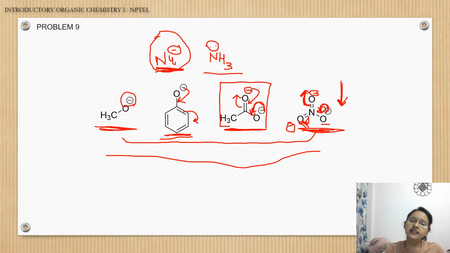This oxyanion is as it is. It is not getting involved in any other thing. It is confined at this oxygen, right? So that is why you can say that methoxide is a very strong nucleophile than phenoxide, acetate, or this nitrate. Is it clear why this methoxide is the most nucleophilic species?